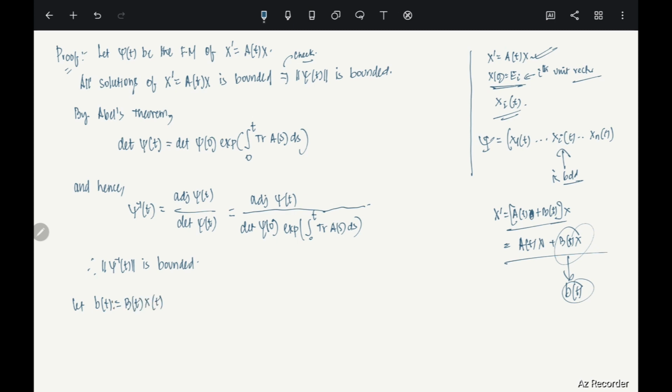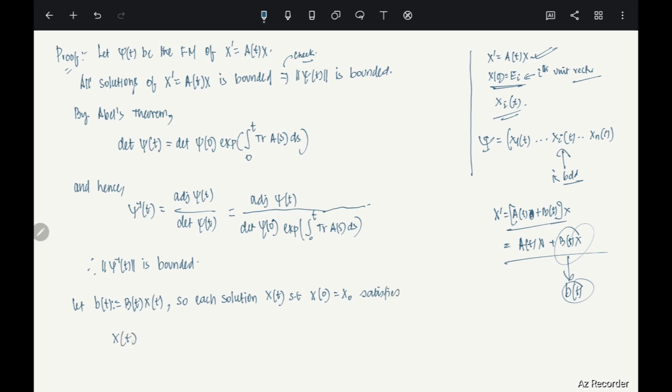This is what we are defining. So each solution x(t) such that x at the point 0 is x naught satisfies this equation.